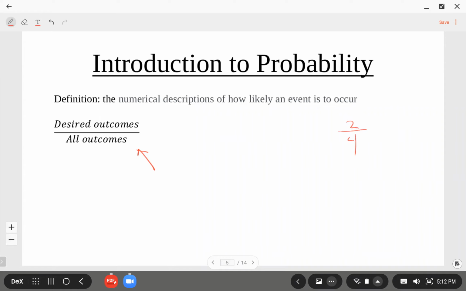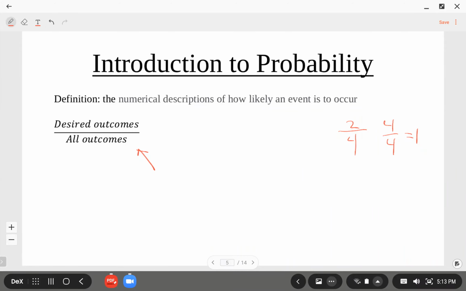Now let's say the shirts are all red, then the probability would be 4 out of 4, because if they're all red, then you must pick a red shirt. So in this case, the probability would equal 1. Now, let's say our set of shirts has 2 red, 1 yellow, and 1 green. What is the probability you pick a black shirt?